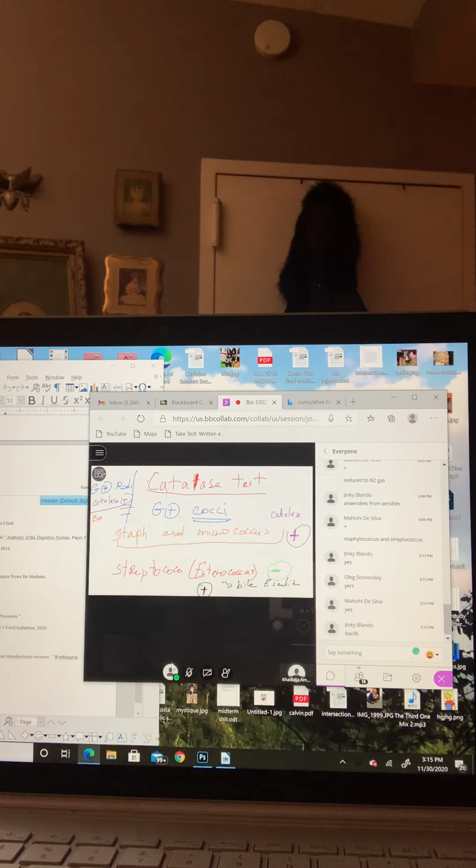So you have this microorganism also in your list. If it's cocci, we see if it's positive or negative. You can differentiate between staph and strep. Okay, you see here, that makes it easy for you to eliminate some microorganisms from the others. Yes or no?